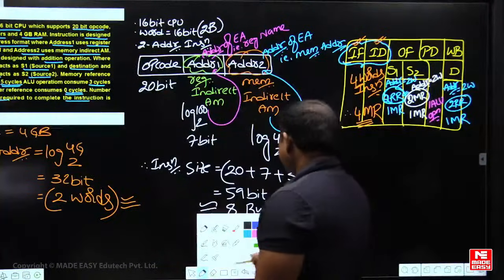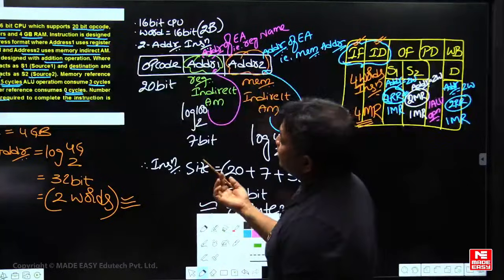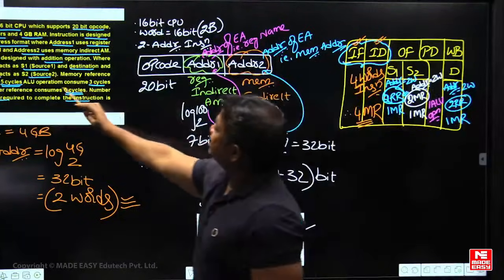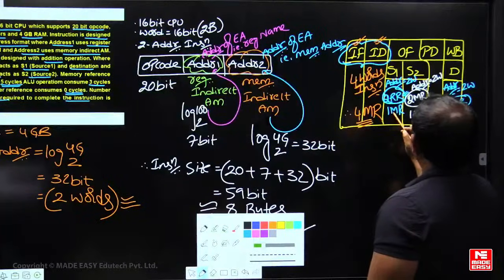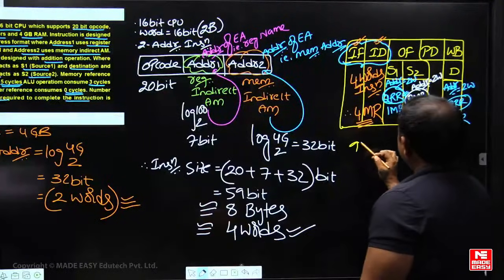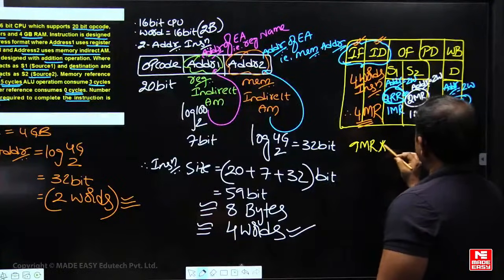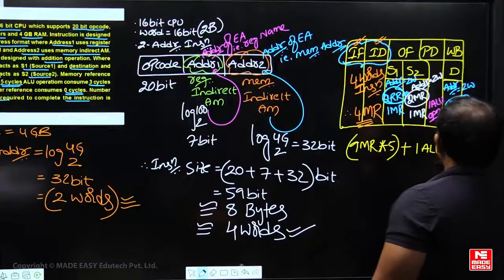So register references 0 cycles. ALU 3 cycles. Memory 5 cycles. They given 4 plus 1 is 5, 5 plus 3 is 8, 8 plus 1 is 9. 9 MR into 5 cycles plus 1 ALU into 3 cycles.